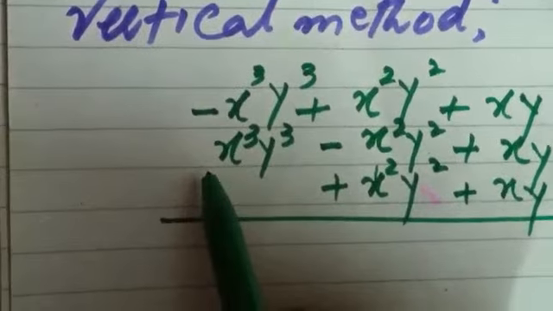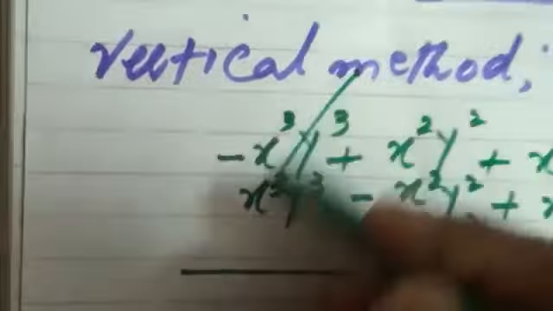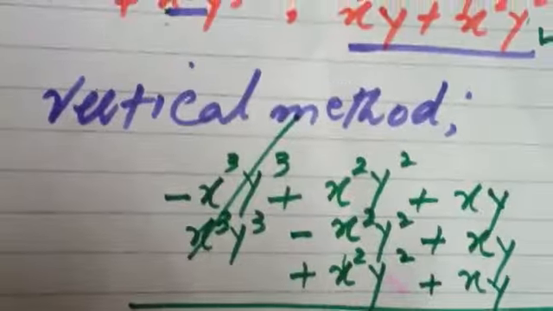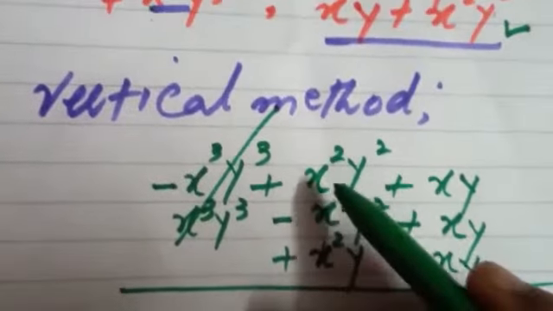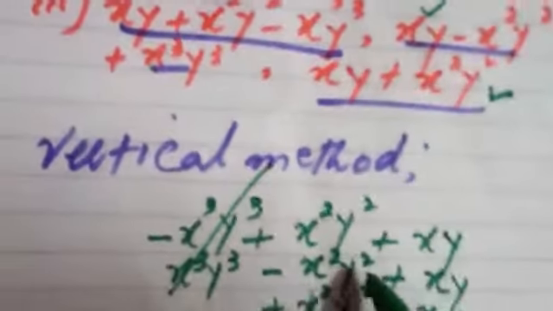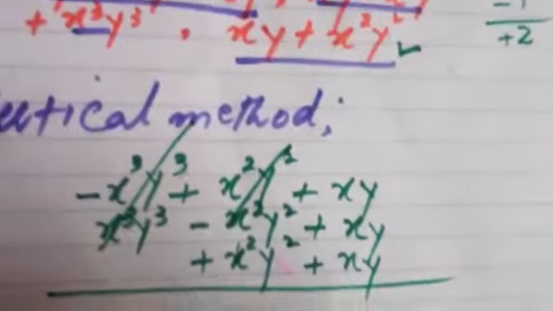So check it, minus plus minus, so I can cancel this, both are additive inverses. So check it, x square y square minus x square y square is cancelled, and what is left is x square y square.